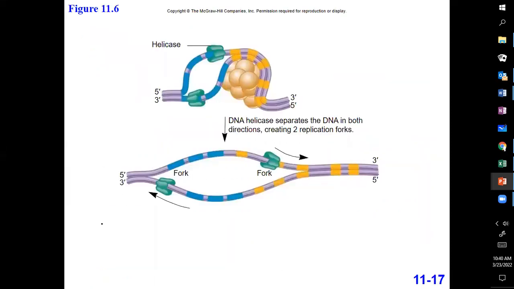So special proteins called origination factors, and in E. coli, the specific origination factor has a name. It's called DnaA.